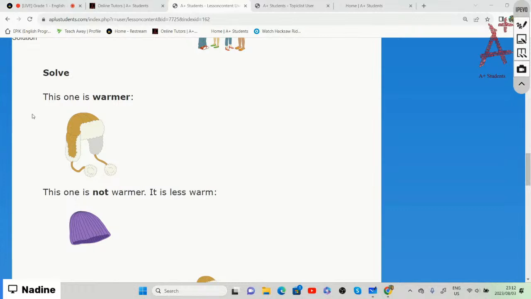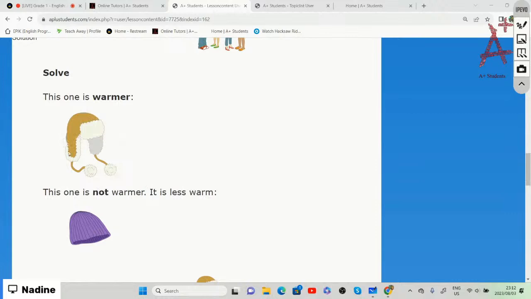Which gives us an indication that the top one is warmer than the bottom beanie, because the bottom beanie looks like just a piece of fabric, or a thicker cloth, stitched together to make a beanie, or a cap. Whereas the top one has more fur, more padding by the ears.